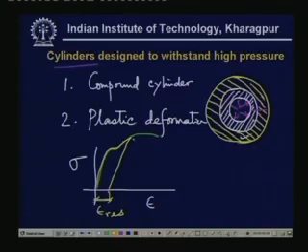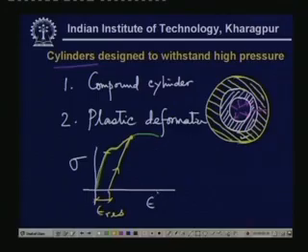And then if we increase this load again, it goes to this point. So, therefore, we see that the maximum load which could be taken by this material has increased. Therefore, it is possible to make the cylinder withstand a high pressure by plastic deformation.